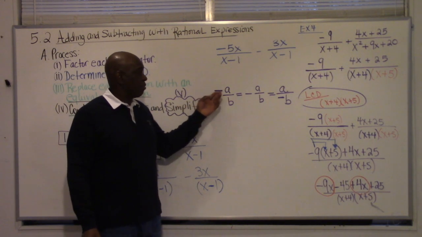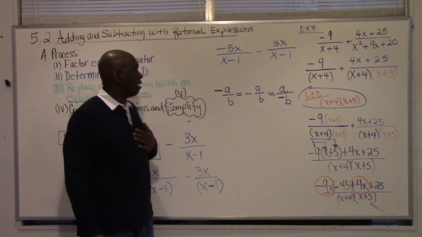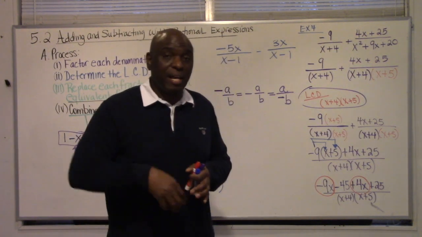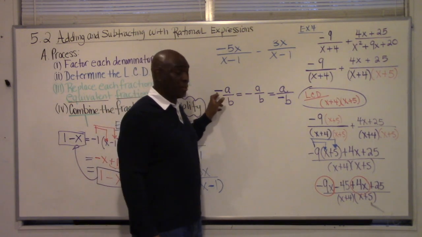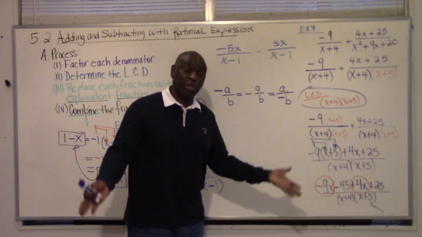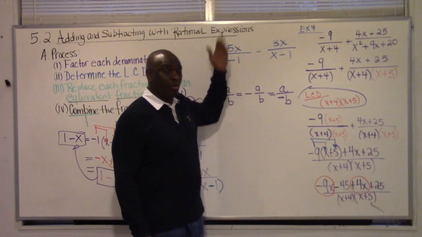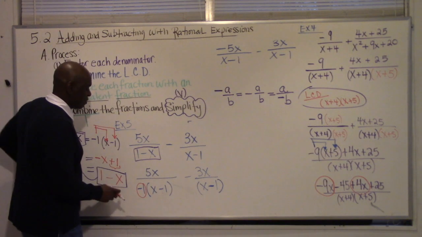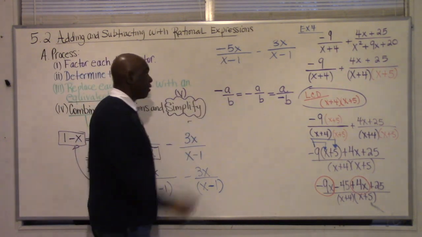It can be in the numerator, on the side, or in the denominator. It's just like having a glass of water and putting dirt in the glass. It doesn't matter whether the dirt is on the top, in the middle, or at the bottom of the glass, the water is dirty no matter where the dirt is. It's the same with the negative. So we've taken the negative sign that was in my denominator and brought it up to my numerator.